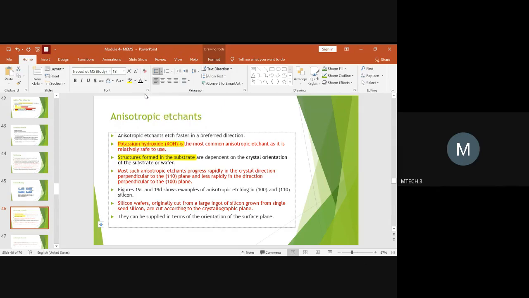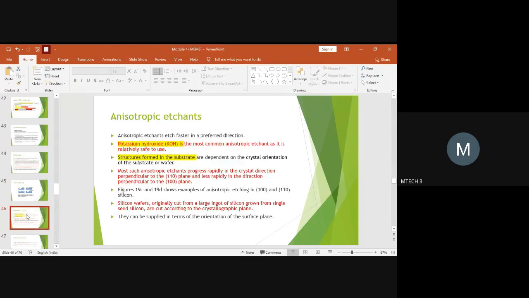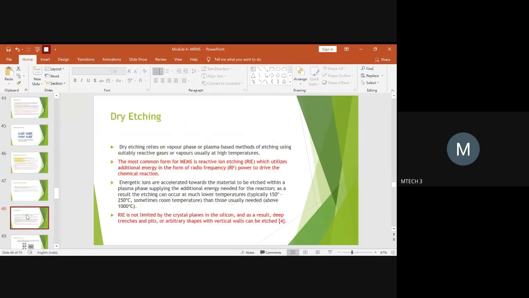It could be the 111 plane or the 100 plane. Based on that, the etched layer will be developed. It is shown in figures 19C and 19D. These are the different patterns we get. The same thing has been shown over here, so I don't want to waste much time.